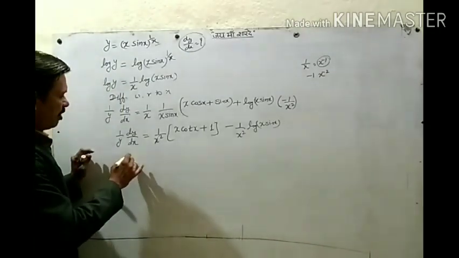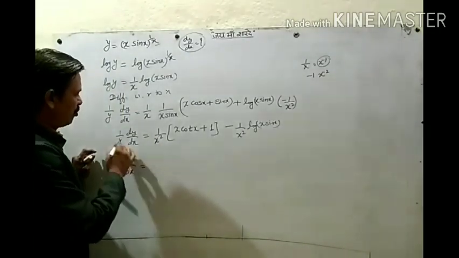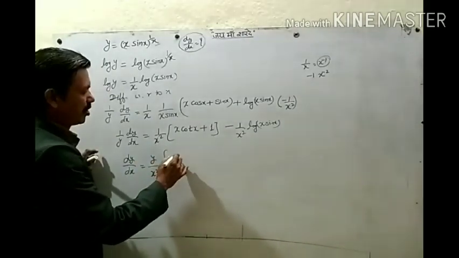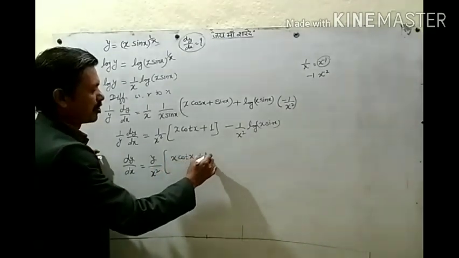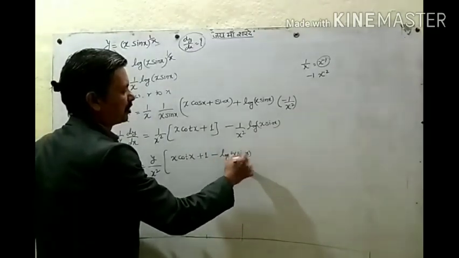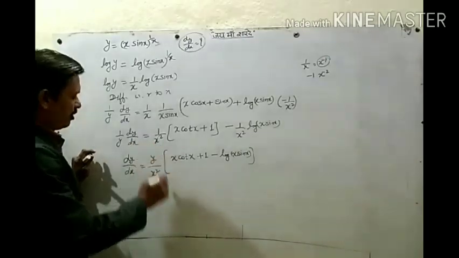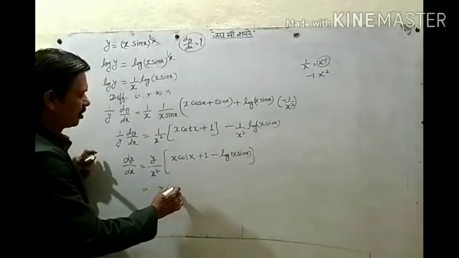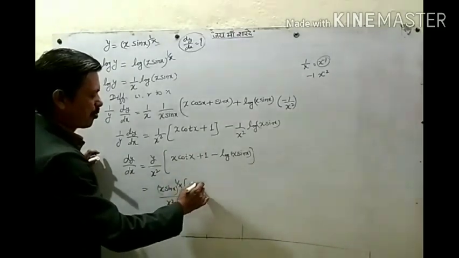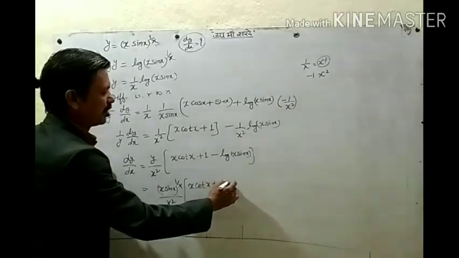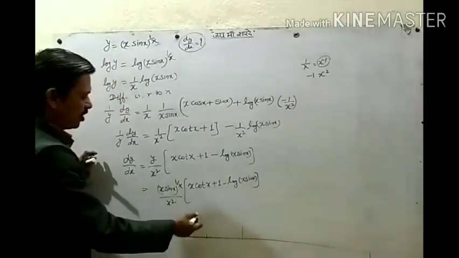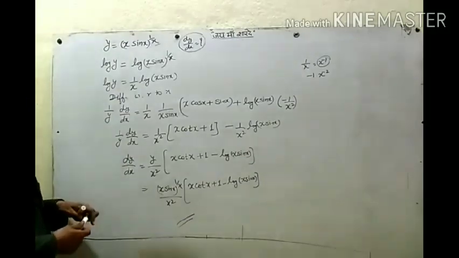Okay, so here dy by dx is equal to y, and 1 by x square taken common, then you get x cot x plus 1 minus log of x sin x, and the value of y is x sin x to the power 1 by x upon x square into x cot x plus 1 minus log of x sin x. Okay, so this is the derivative of x sin x to the power 1 by x.